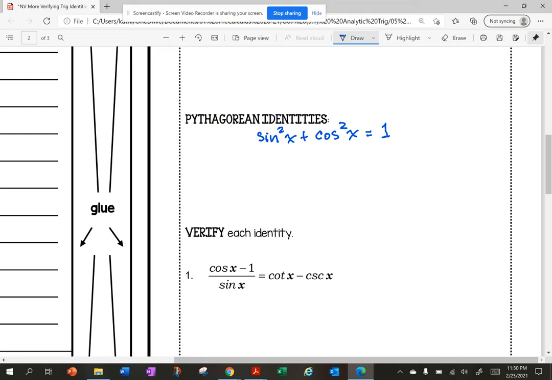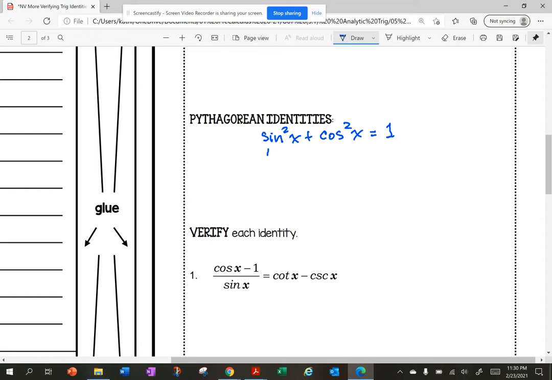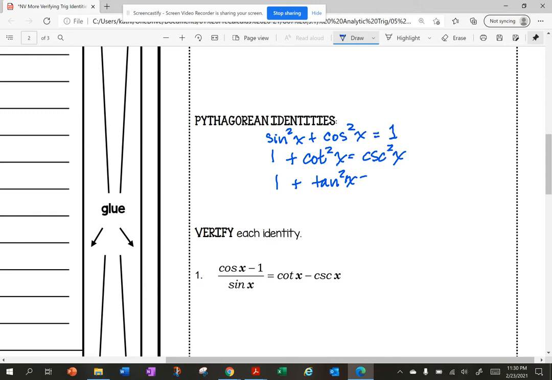And then I'm going to divide each term by sine squared and by cosine squared to get my other two identities. And those are 1 plus cotangent squared x equals cosecant squared x, and 1 plus tangent squared x equals secant squared of x.